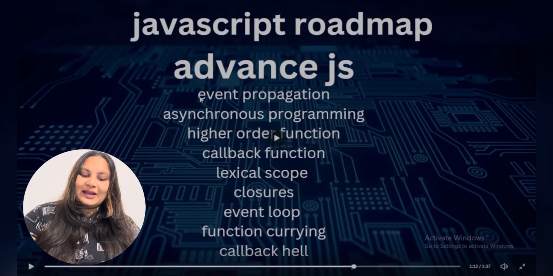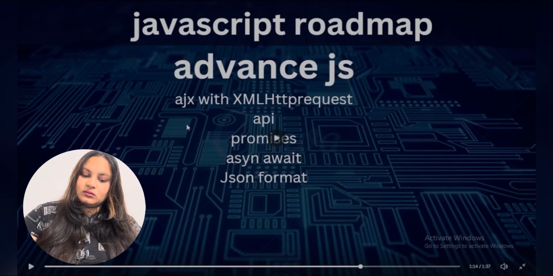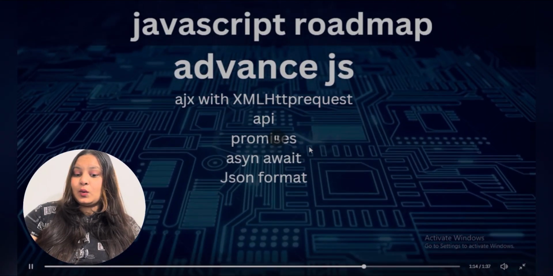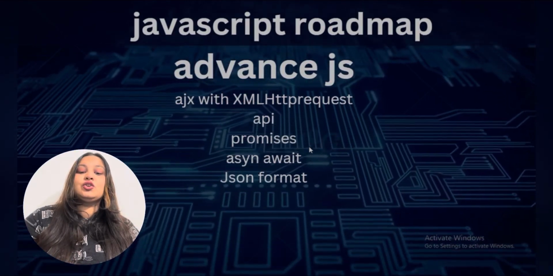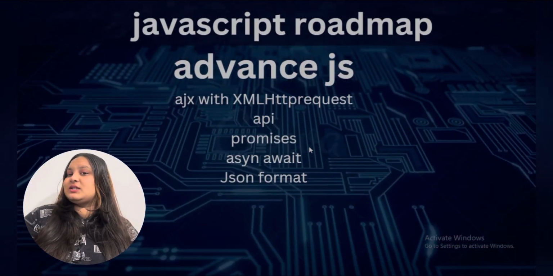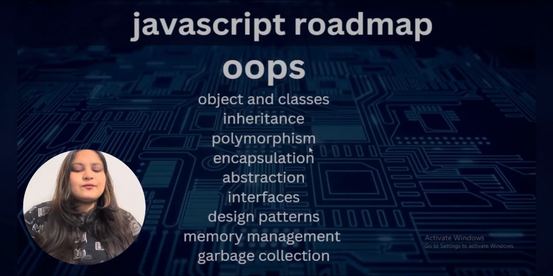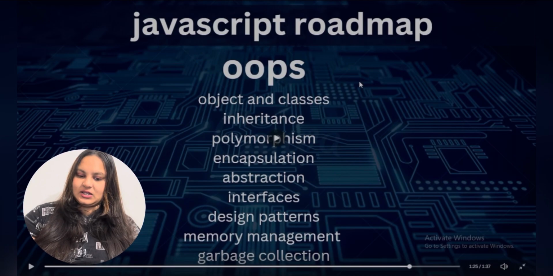Function currying, callback hell, and Ajax with XML HTTP request, APIs, promises, async await, JSON format. We should know what JSON format is, also the BSON format. We are going to cover BSON format too in this video. You should know what BSON format is.